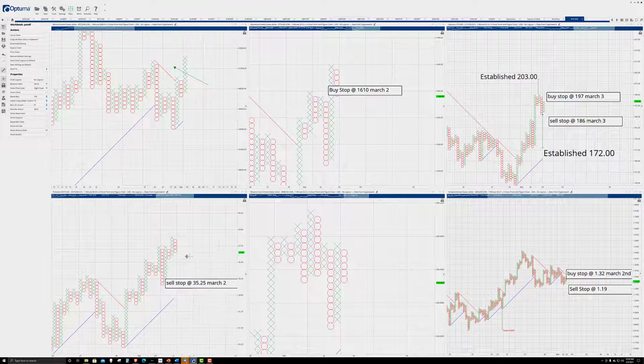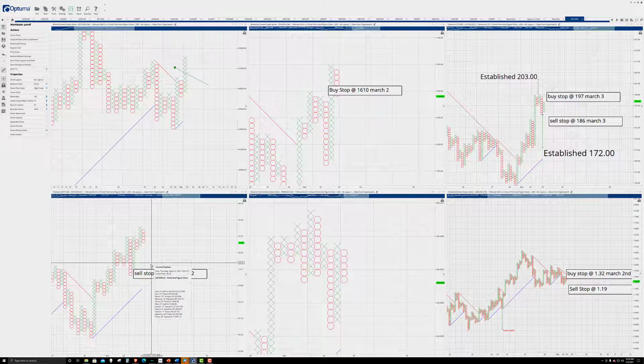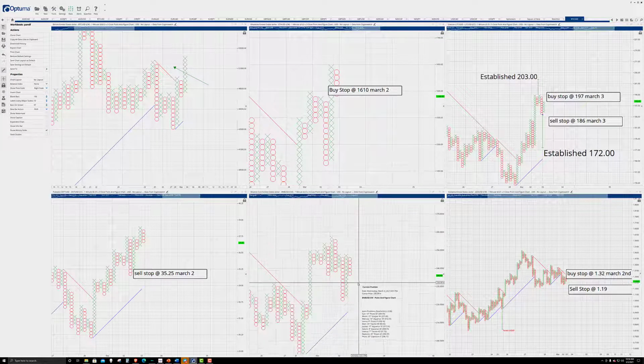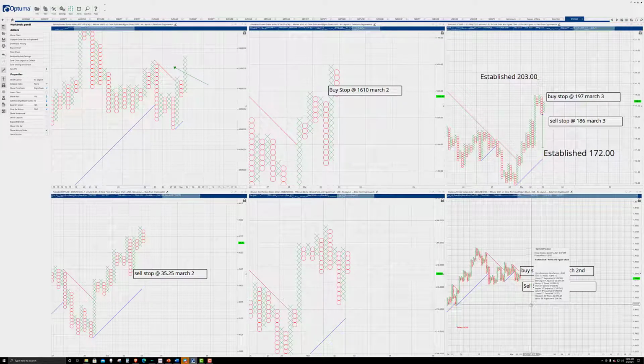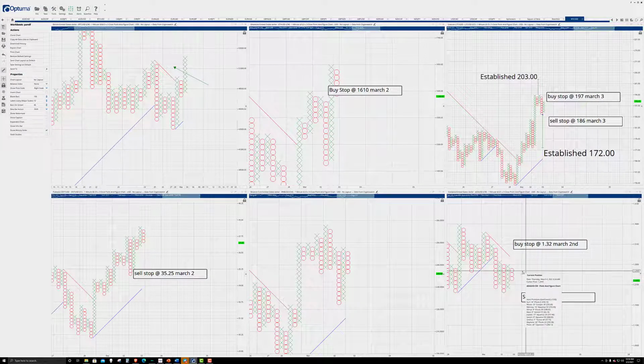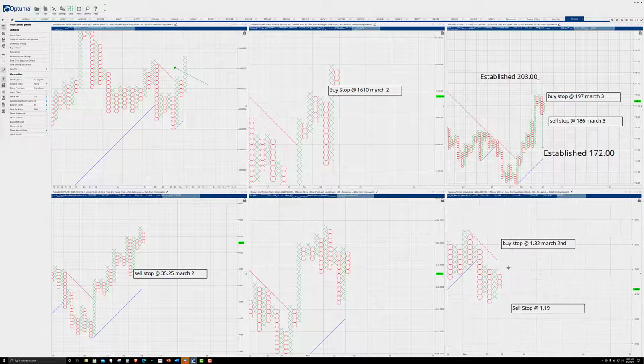Polkadot. We had our sell stop trigger, a small loss on that one. We'll leave it alone for now. Binance Coin, that was pulling south. And then Cardano. We're looking at a sell stop at 119 even. That's still active. The buy stop was at 132, but we're going to change that.